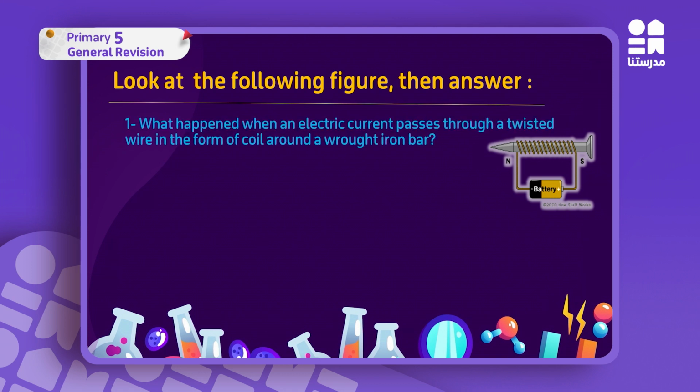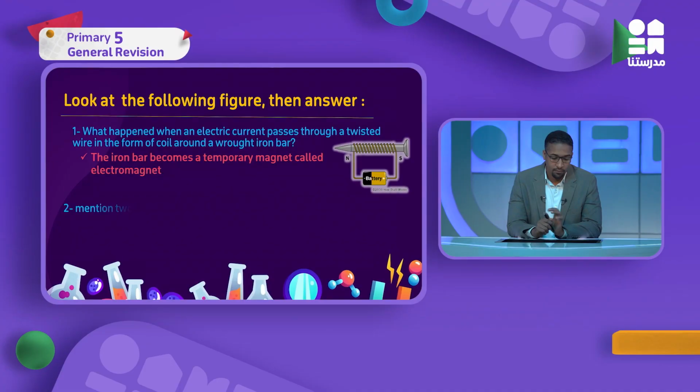So what happens when electric current passes through a twisted wire in the form of a coil around a wrought iron? What will happen to the iron bar? So the iron bar becomes a temporary magnet called electromagnet. هيتحول لmagnet مؤقت اسمه temporary magnet.